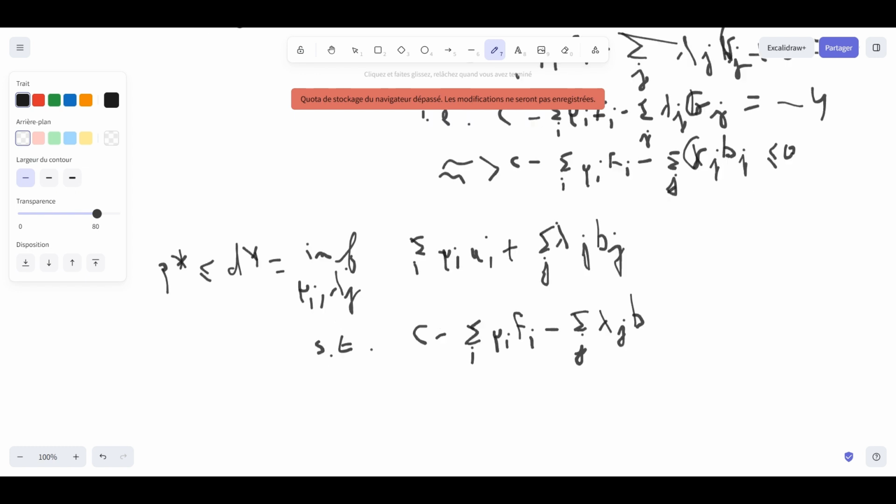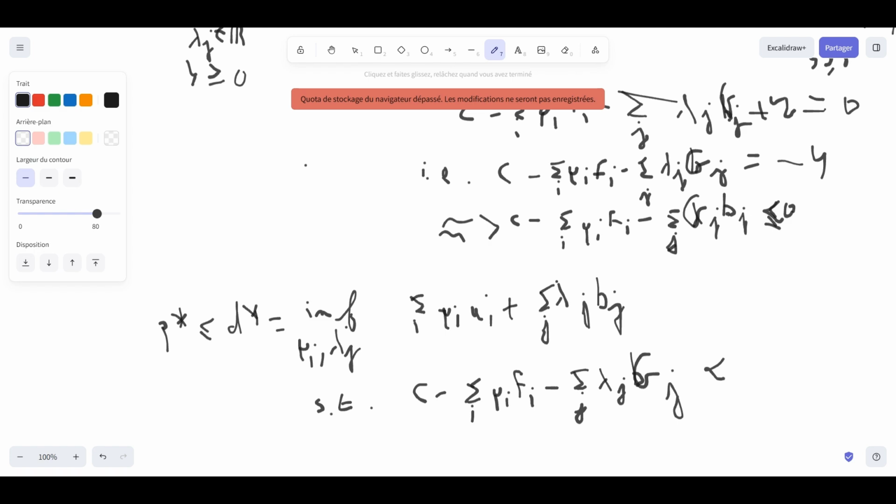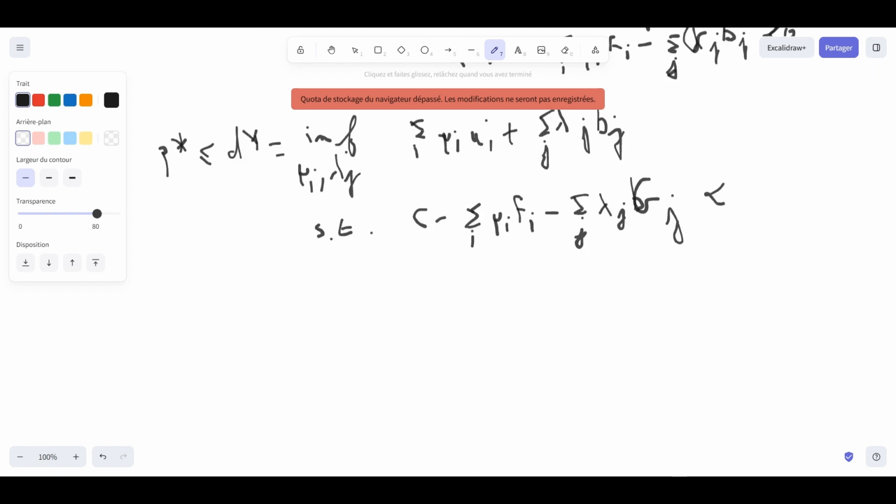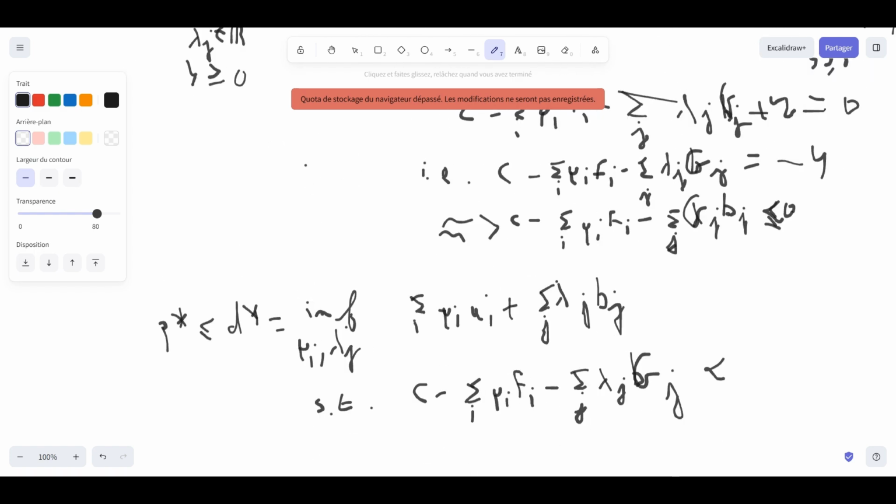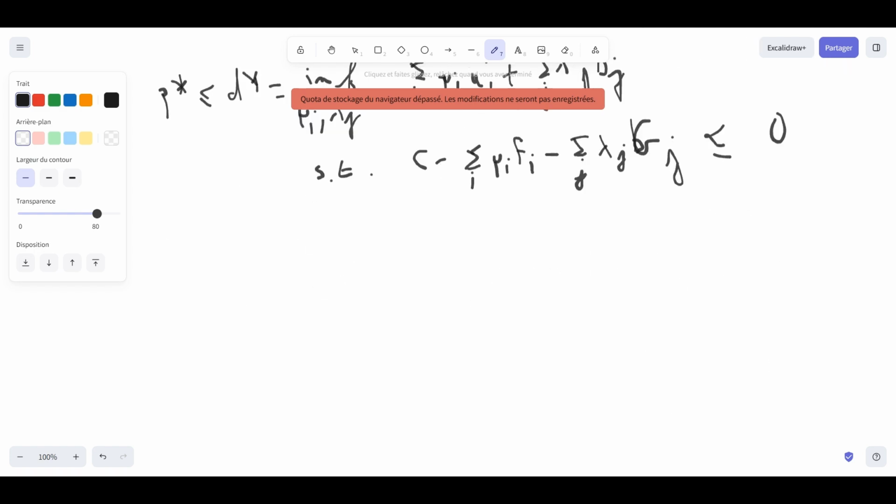And so we arrive to here. And then GGG, which is superior to 0, because this y is this, so minus y is minus this. So we just have our constraint to find this.